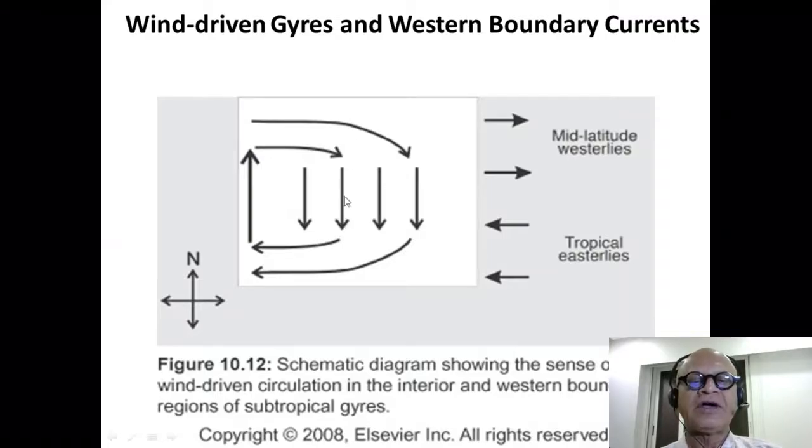You can infer that there has to be a southward transport in the interior. Okay, just by looking at the continuity of the circulation, you can argue that the flow here has to go north in the west. So you have to have a northward transport to compensate for the southward interior transport, just for continuity and mass balance, right?